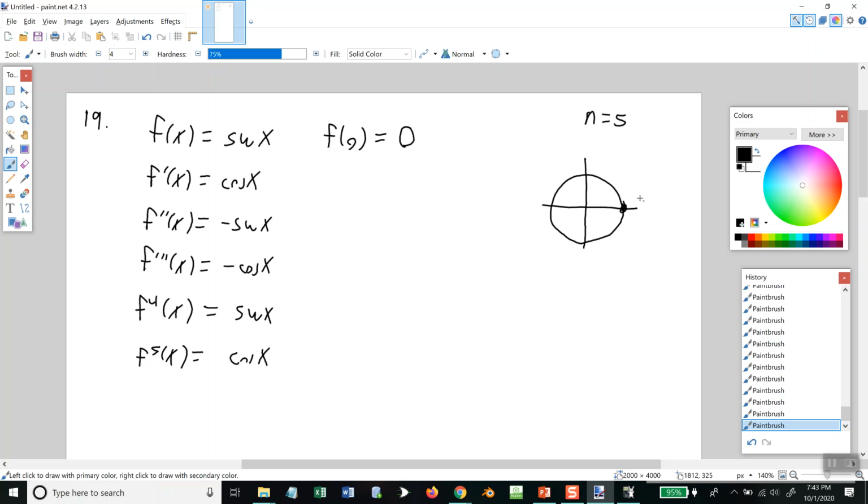Remember our unit circle here at 0. This is the point 1, 0. So f prime of 0 would be cosine of 0, and cosine of 0 is 1. f double prime of 0 would be negative sine of 0, and sine of 0 is 0, so negative 0 would be 0.